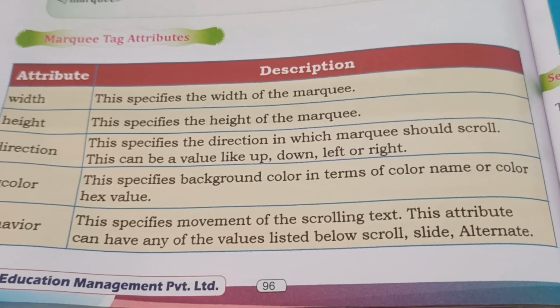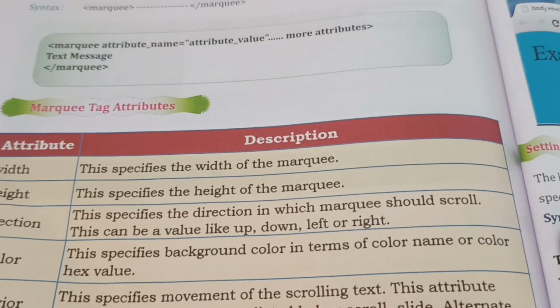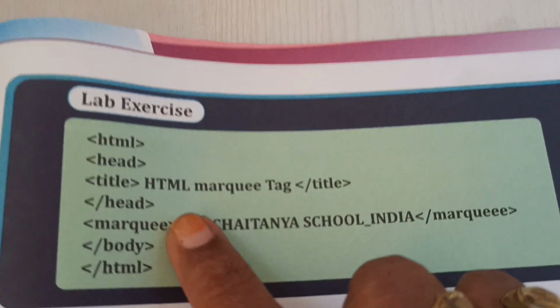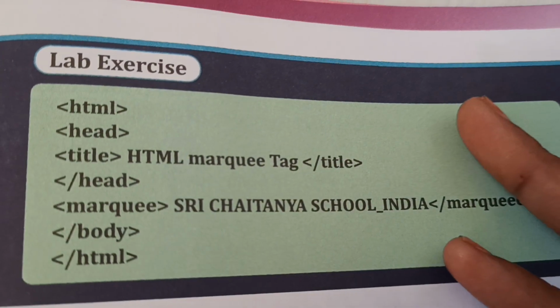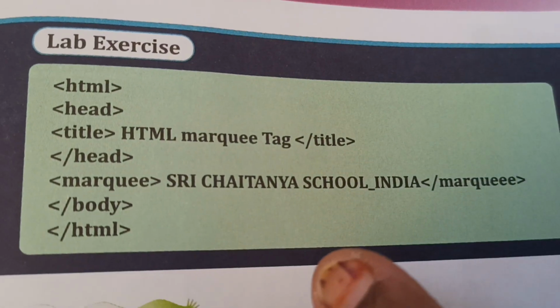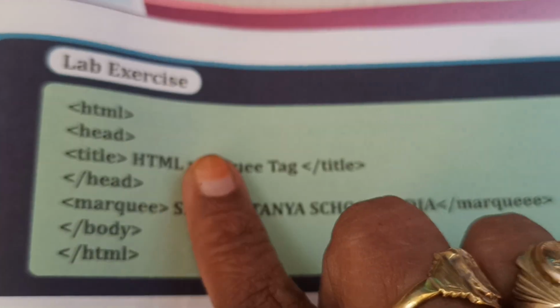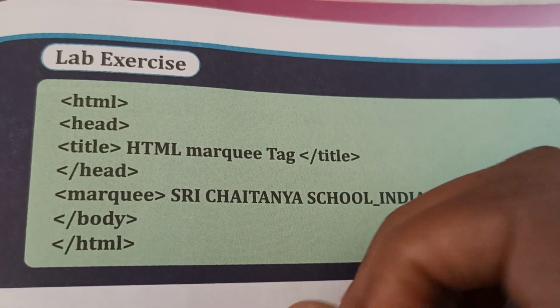Now go to the marquee tag program. Here, I am not giving any output first, because this is a scrolling section, so I will directly explain the program practically.